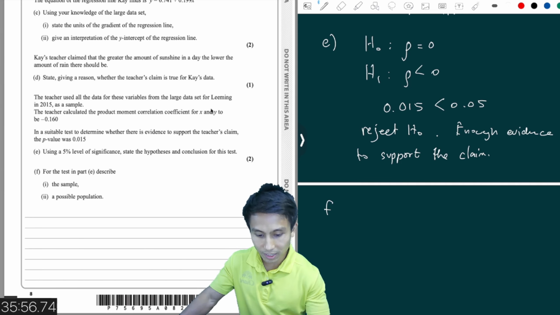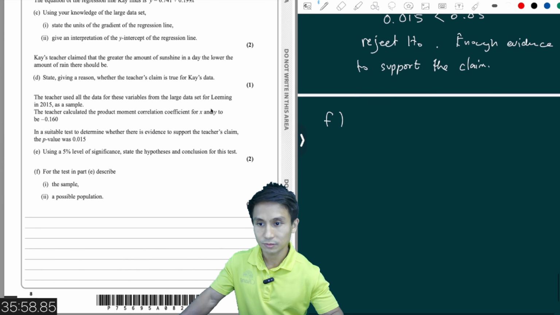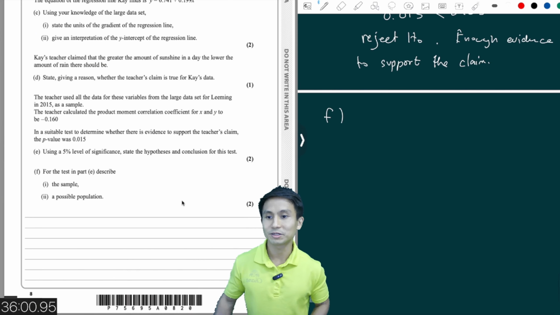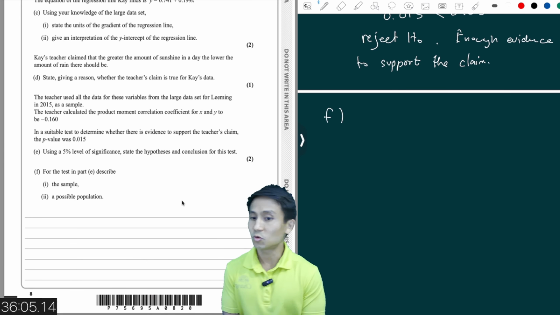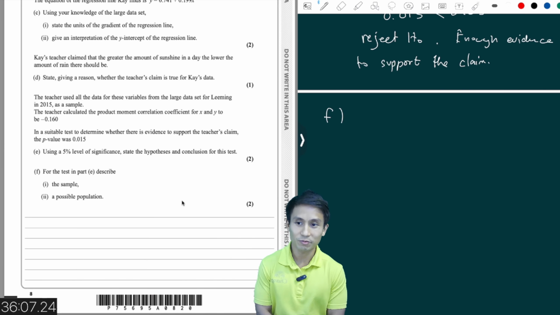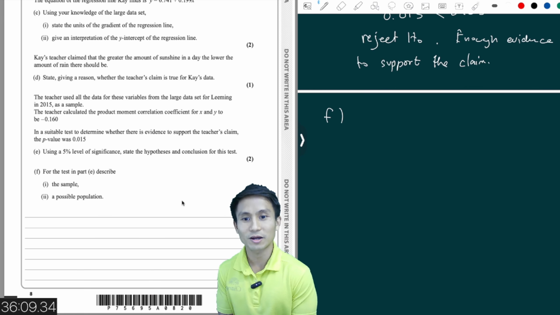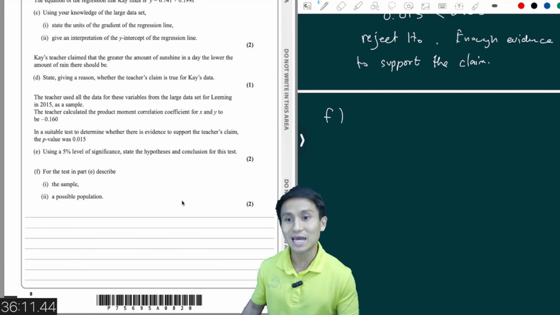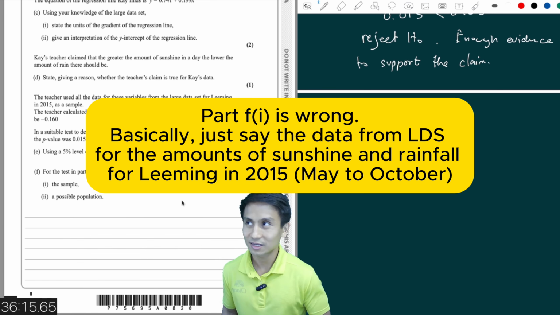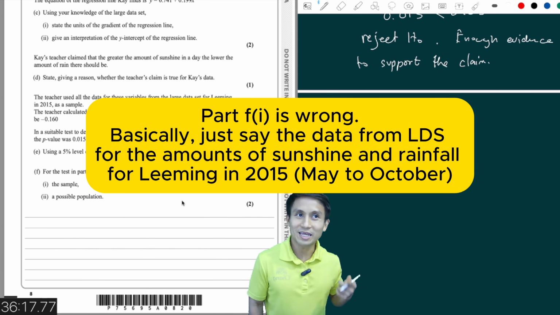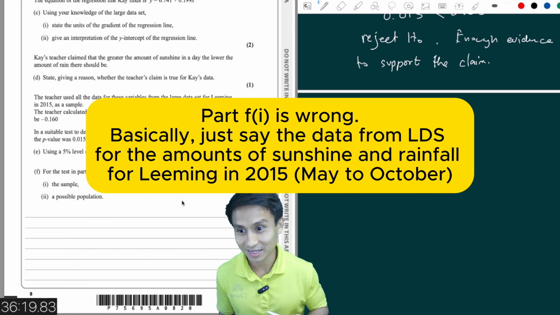Okay, so part F. For the test in part E, describe the sample. So we want to describe the process of sampling here, where the teacher used all the data. So this is called census. This naming was already in the AS statistics, I remember.